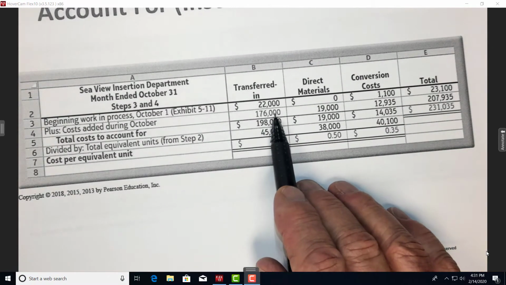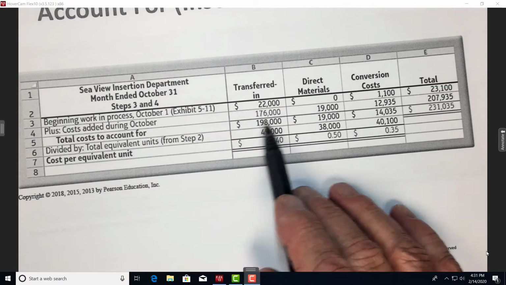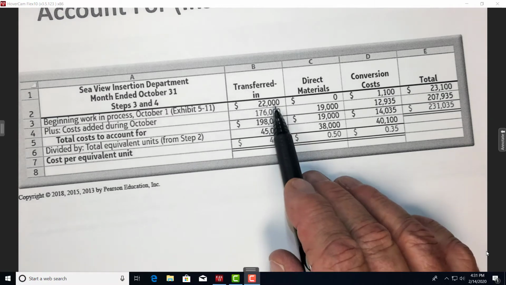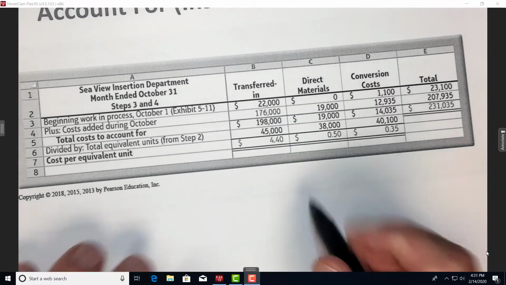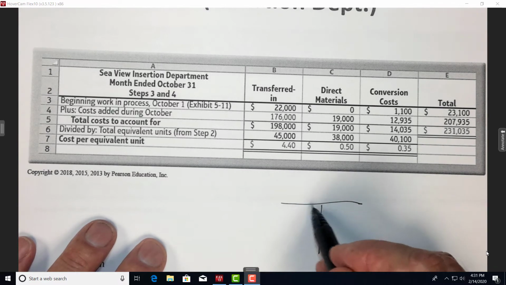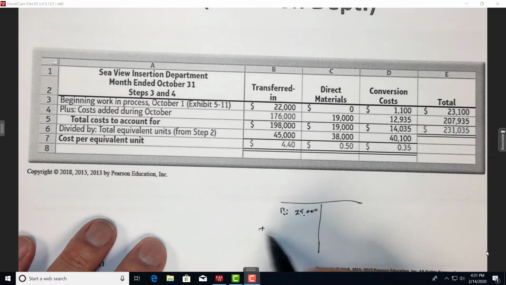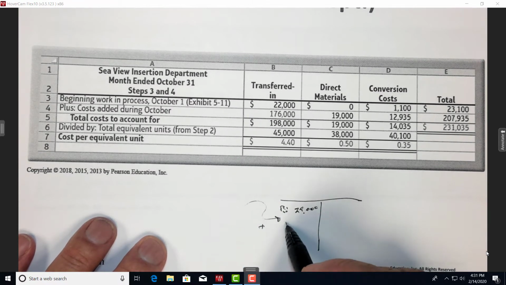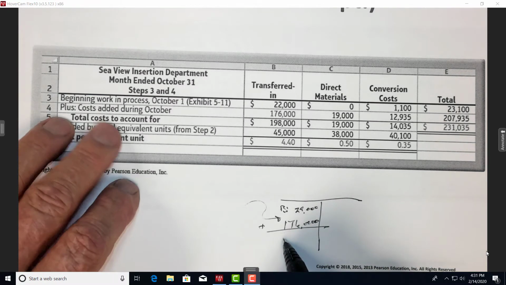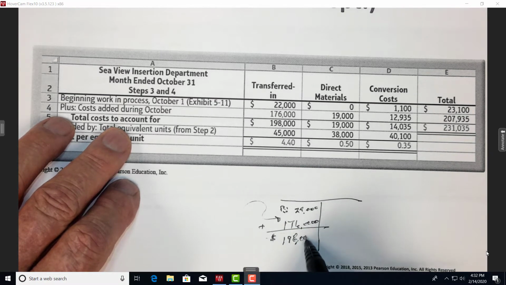You add it together, and that's the total cost to account for: beginning inventory plus what was added into the process. Again, if we use the T account, it is the beginning work, 22,000, plus what was added in, 176,000. We add that up, total to account for 198,000.